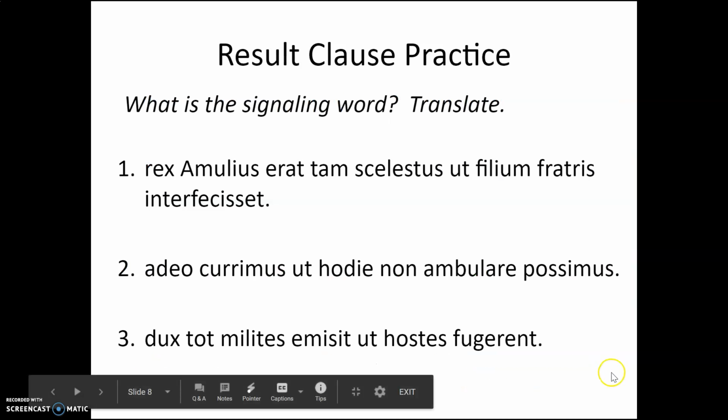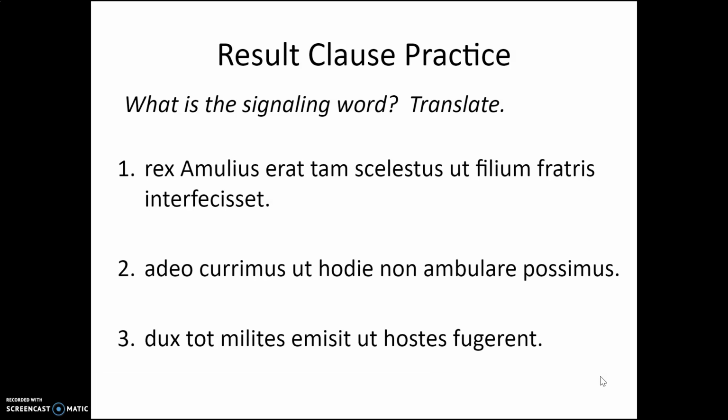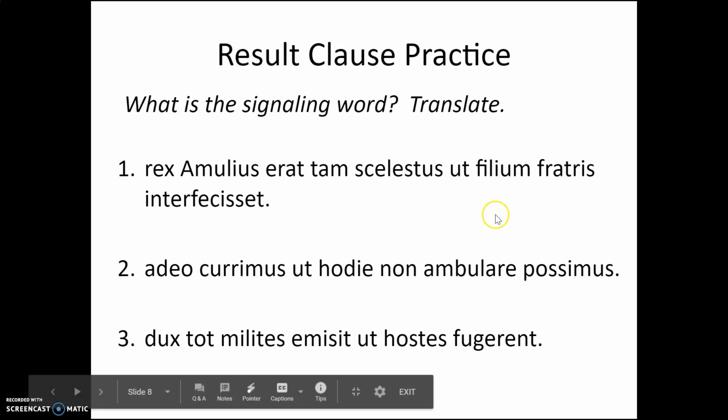All right, so for each of these sentences, what is the signaling word and how is the sentence translated? So let's take a look at number 1. What are my signaling words again? Repeat after me. Tam, tantus, tot, adeo, ita, sic. All right, so in number 1, here we go.